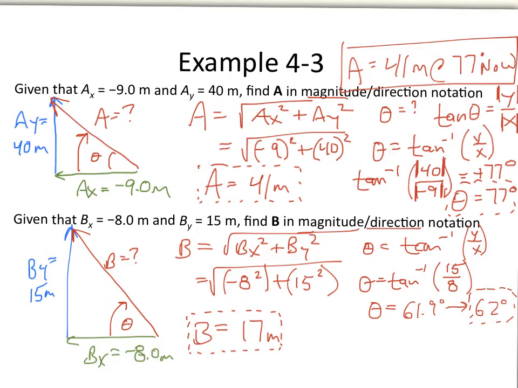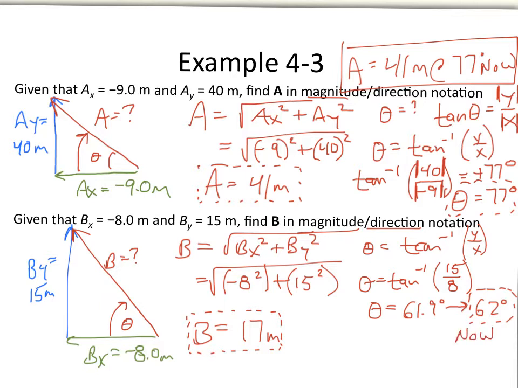Now let's ask ourselves, what quadrant is this going to be in? We were in the negative x, but we're in the positive y. So this is going to be some angle that's above the negative x-axis, very much like the previous one. So the 62 degrees is going to be 62 degrees above the negative x-axis, or you might say north of west.